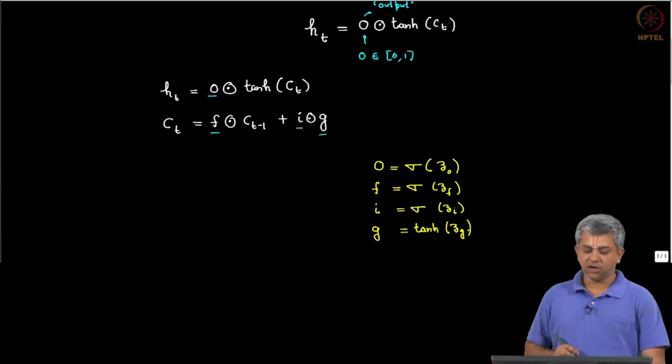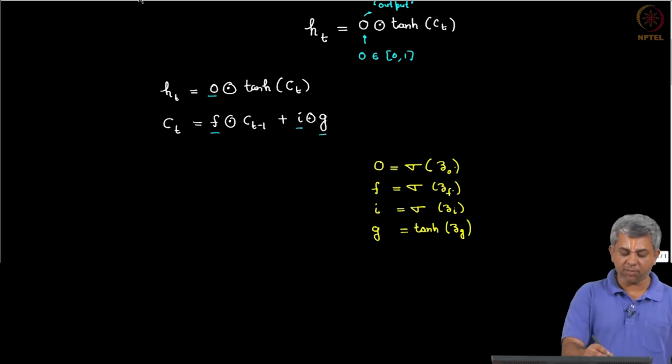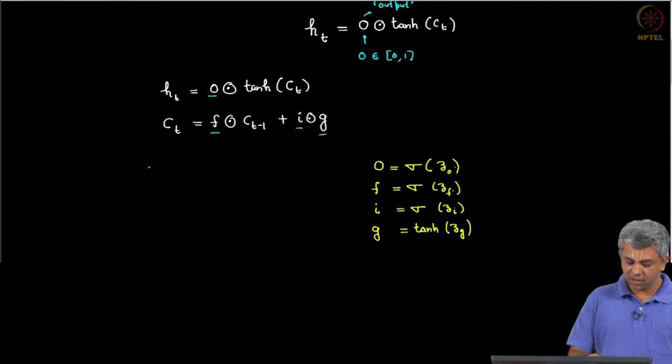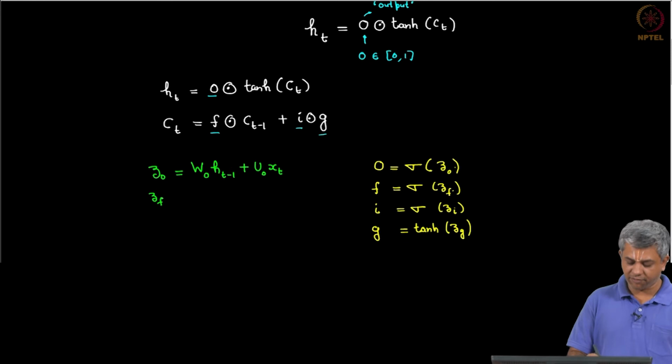Okay. Now, what are these ZO, ZF, ZI, ZG? We can write them down pretty easily. ZO will be WO HT minus 1 plus UO XT. Similarly, ZF will be WF HT minus 1 plus UF XT.